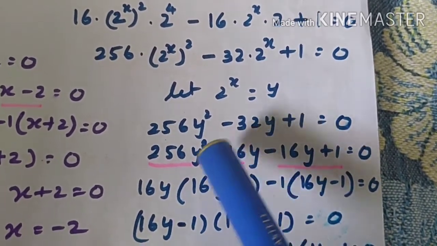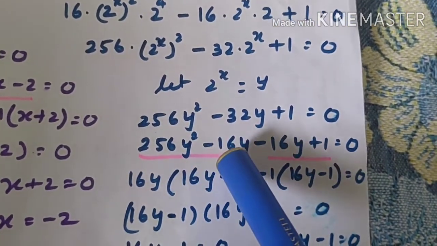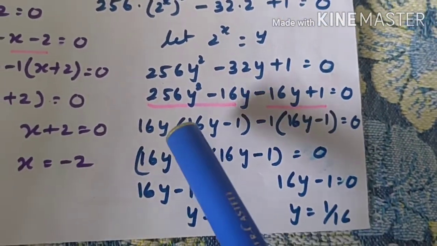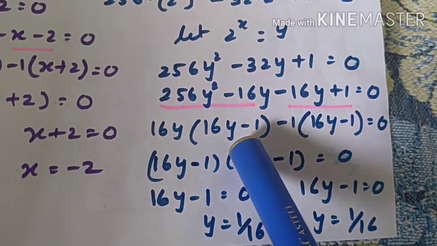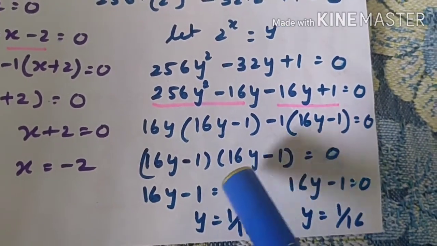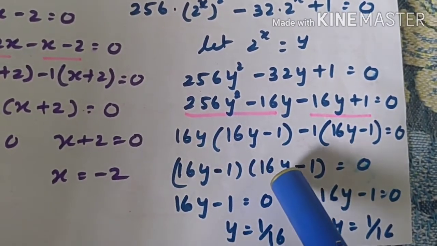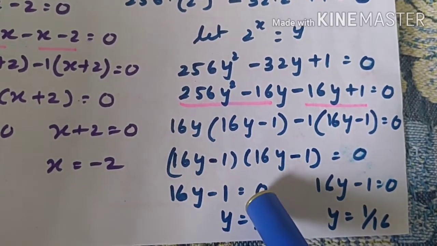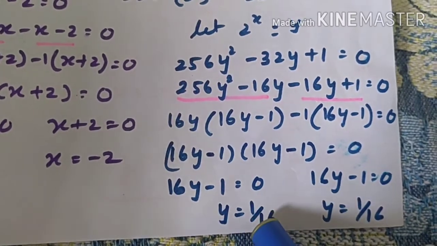To get my middle term minus 32, I place it here: 256y square minus 16y minus 16y plus 1 is equal to 0. From the first two terms 16y common, 16y minus 1; nothing common, minus 1, 16y minus 1 is equal to 0. So I get two brackets, 16y minus 1, 16y minus 1 is equal to 0. So 16y minus 1 is equal to 0 two times, and y is equal to 1 by 16.